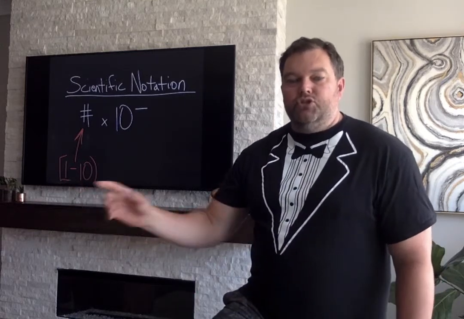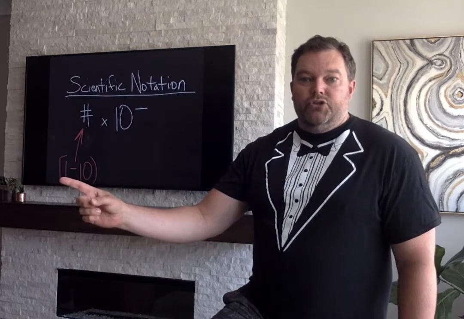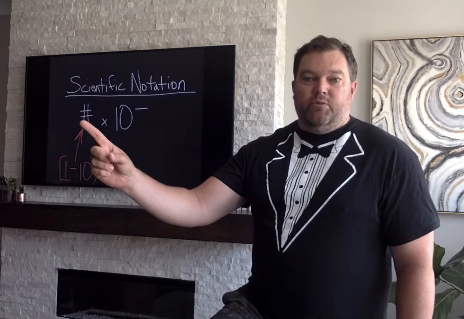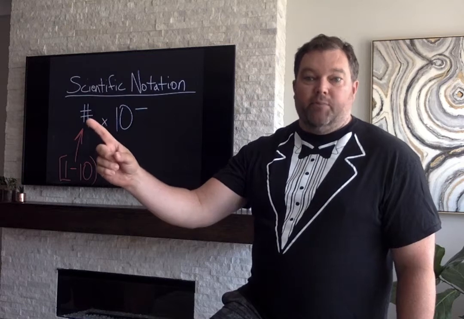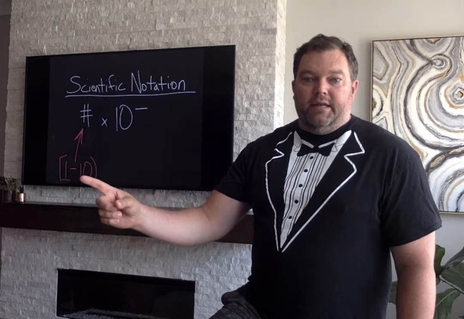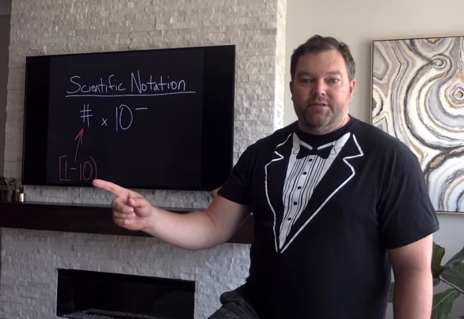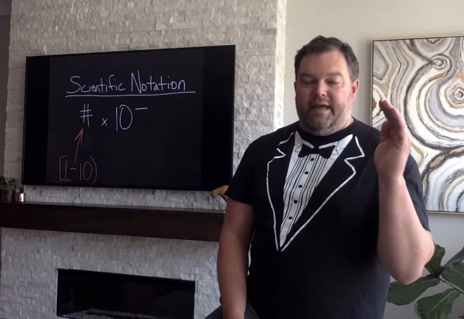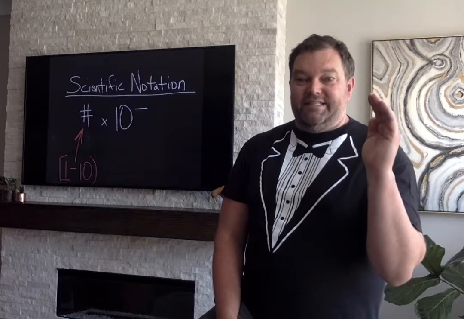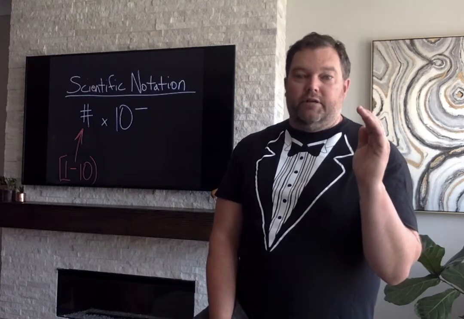A bracket means you can equal 1. So the smallest number that could be right here in this number place is the number 1. And here it could go from 1 to 10. Now I put a parentheses with 10 because parentheses in that notation means you can't touch 10, but you can get really close to it.